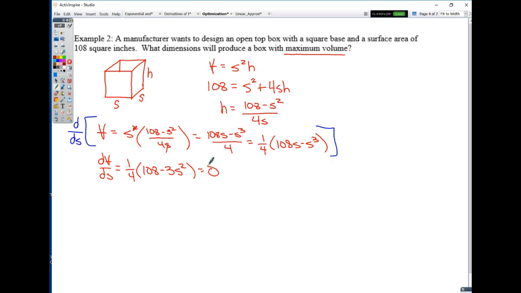And after we find the derivative, we set that equal to 0, trying to find a critical value. What does this have to equal?